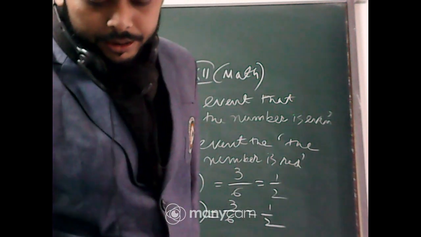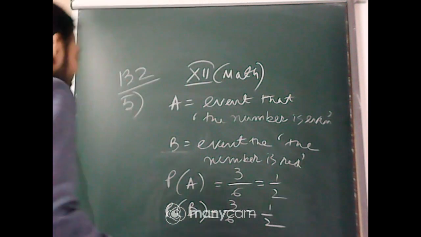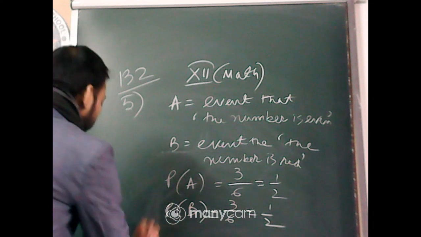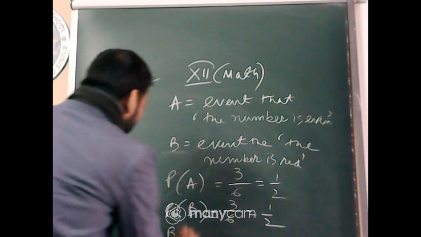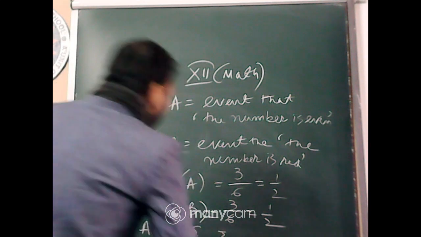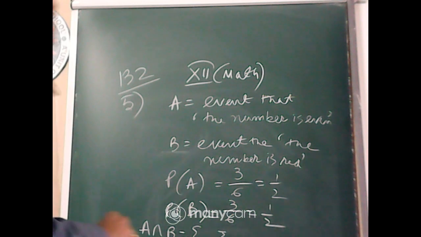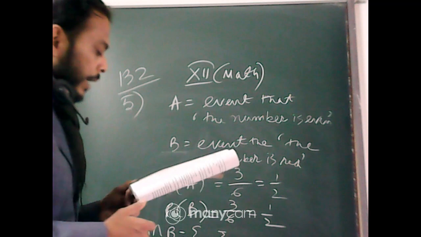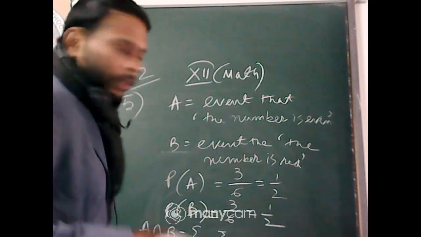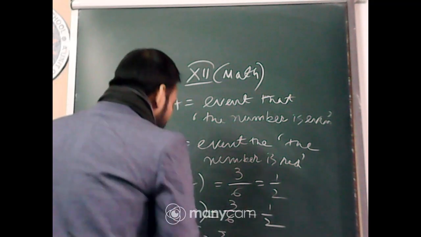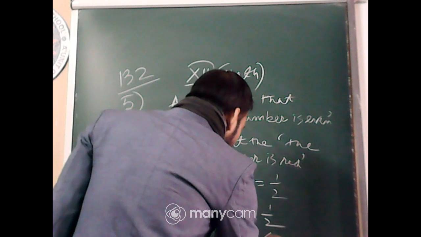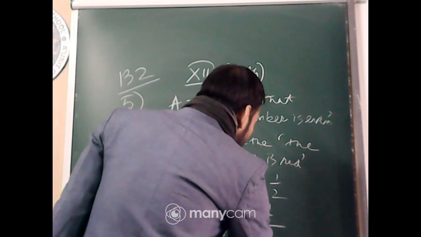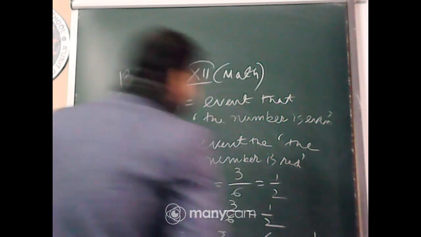Now P of A intersection B. How many cases are there in A intersection B? That means event of getting an even number, also it has to be red. Only 2 is there. So P of A intersection B, that is 1 by 6. Only 2.